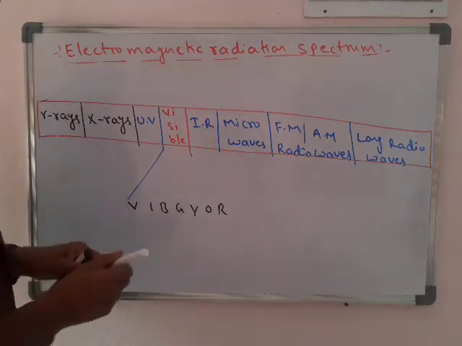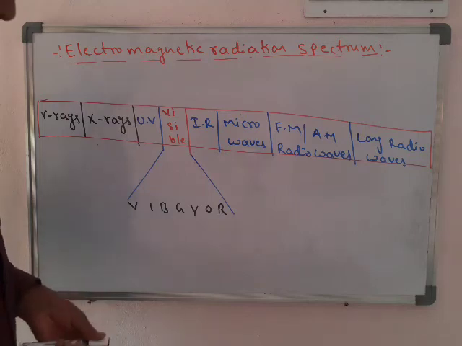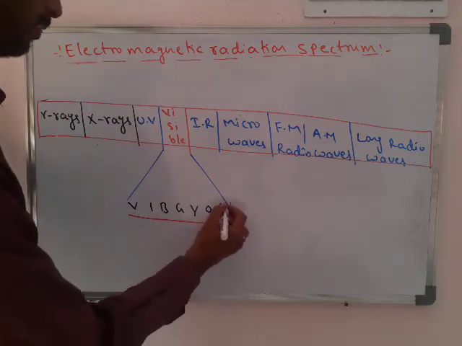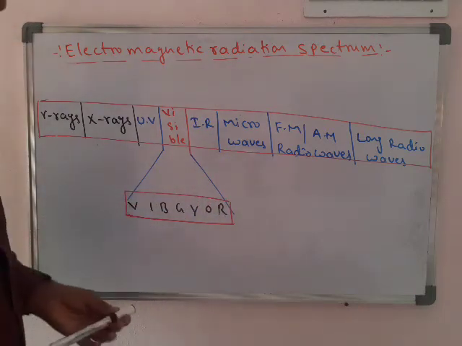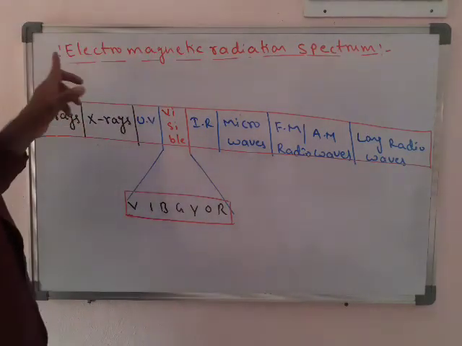What we have to remember is which color has more frequency and which has more wavelength. From left to right we already know how they are arranged.